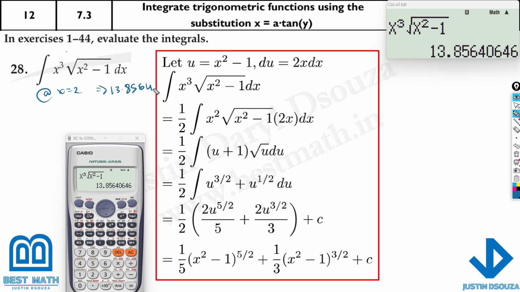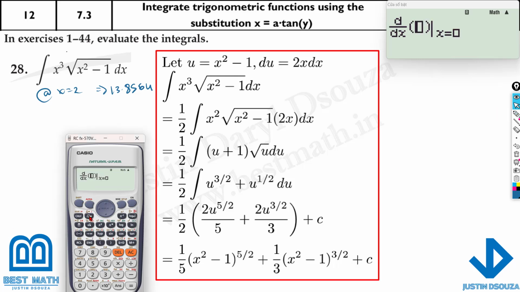13.856. Now let's derive this answer and check whether it matches. Shift d by dx. Here, what do we have? It should be 1/5. And here, open the bracket, it's x squared minus 1. Close the bracket. Power 5 by 2 is 2.5, or you can write it as 5 by 2 itself.